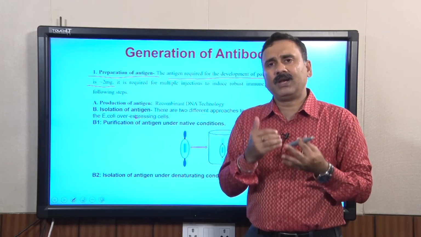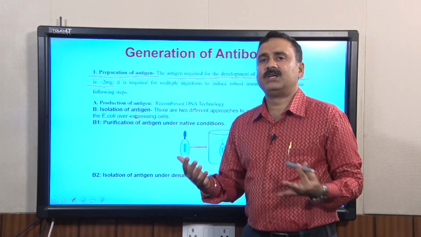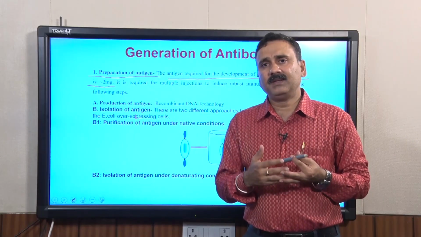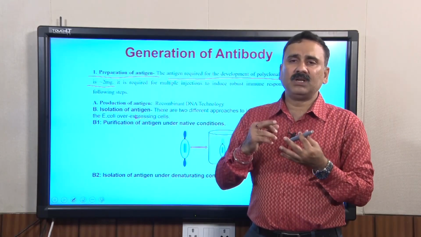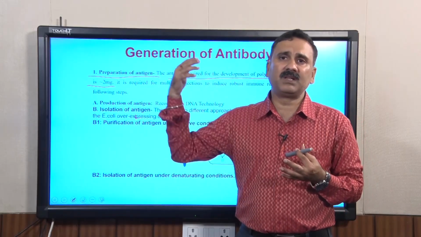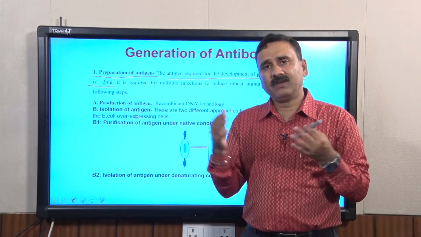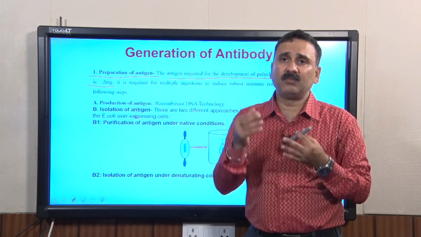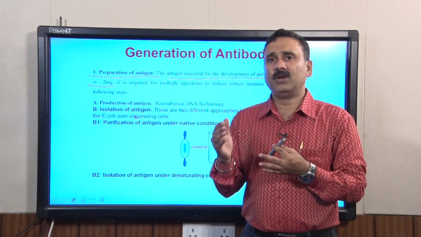For example, you cannot use the monkey for generating antibodies against a human protein, because the similarity between the protein present in the human and the same protein present in the monkey may be very close, and in those cases the antibody response of the animal is going to be very less.